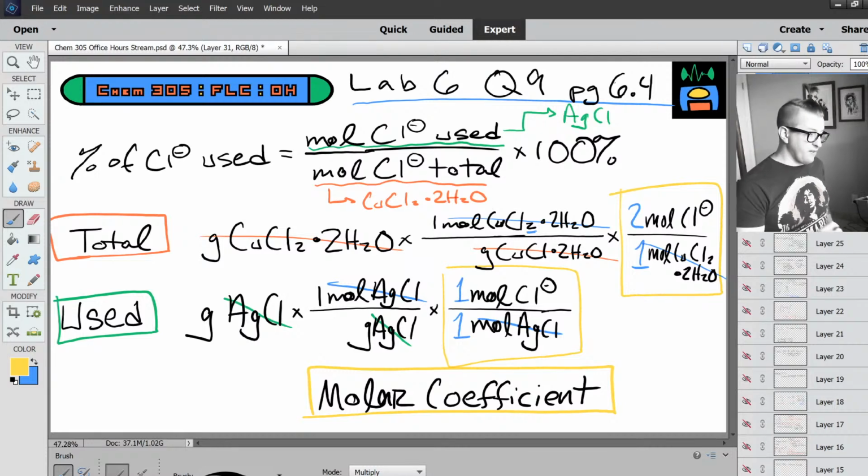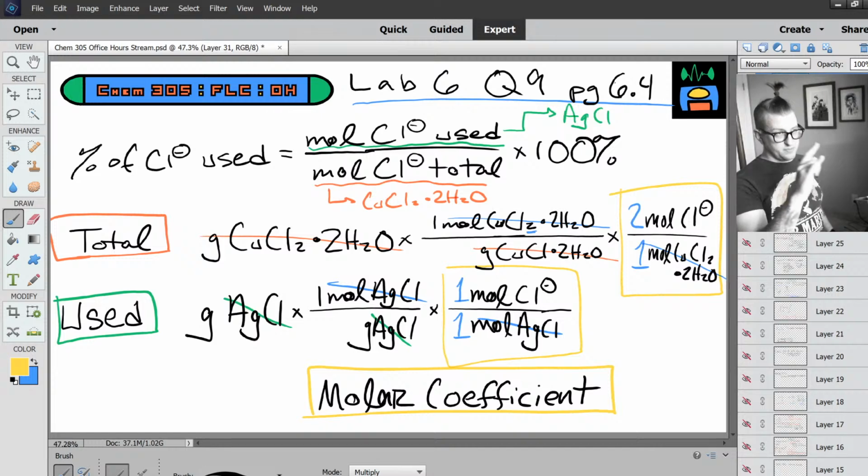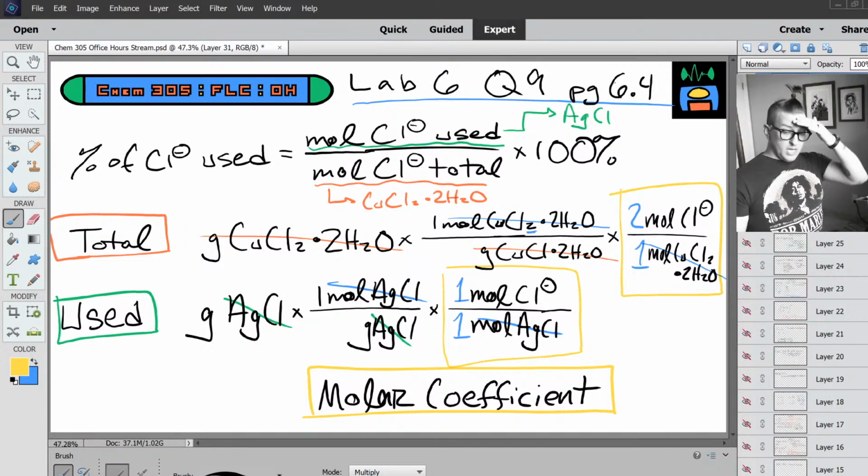So they're just saying be careful there. Because with silver chloride, it's a 1-to-1 ratio, moles of silver chloride to moles of chloride. For copper 2 chloride dihydrate, it is a 1-to-2 molar ratio. So that is all they're talking about there. And hopefully that puts you on the path.